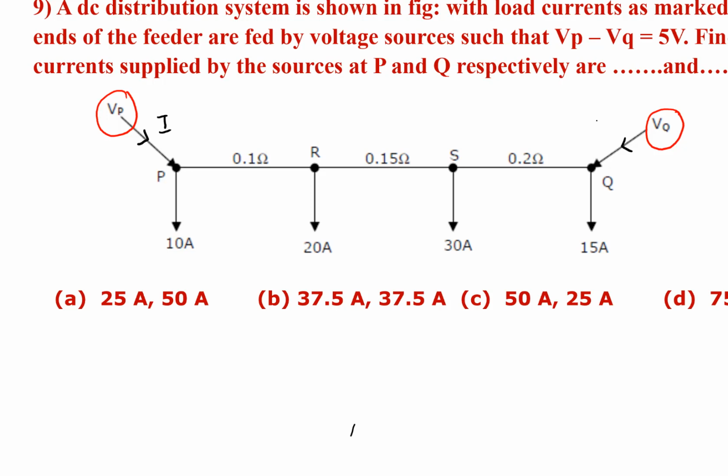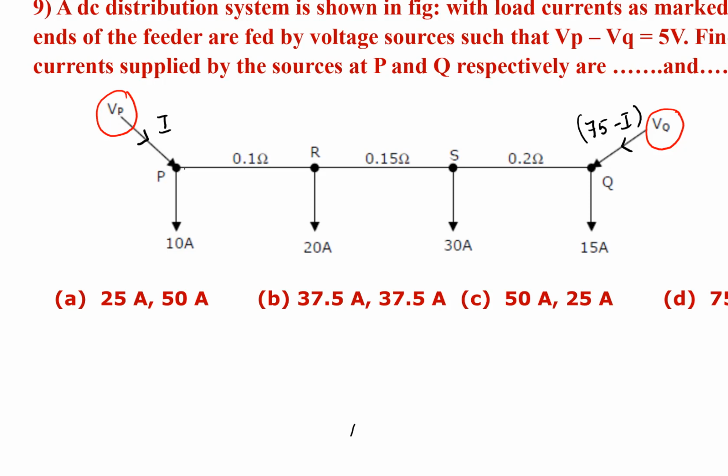The remaining current, that is 75 minus I.